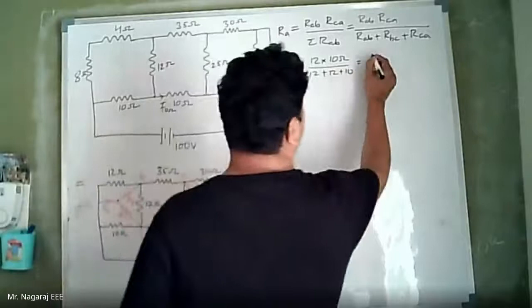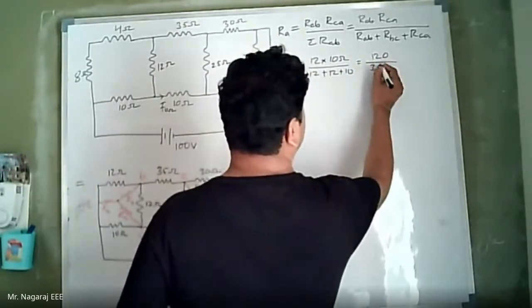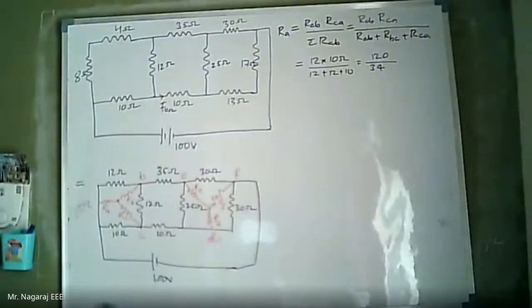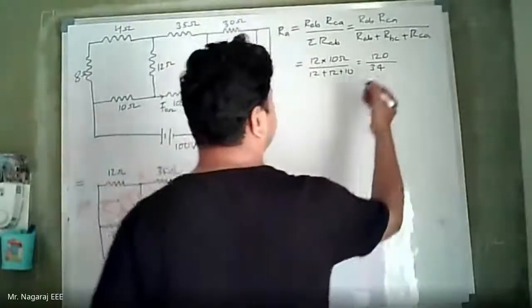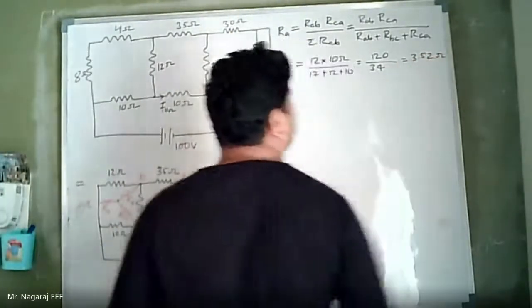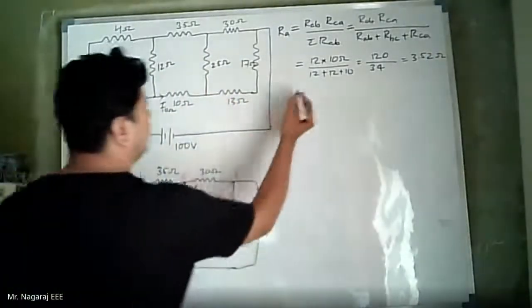This equals 120 divided by 34. So 120 divided by 34 is 3.52 ohms.